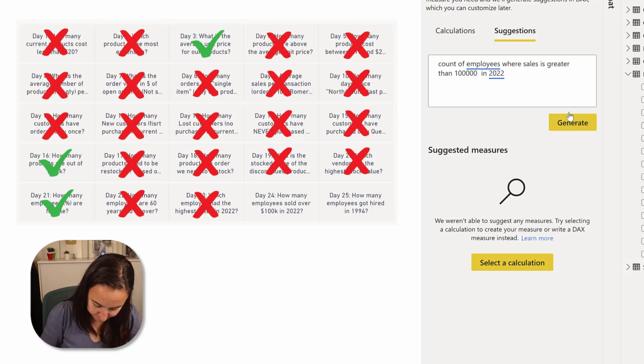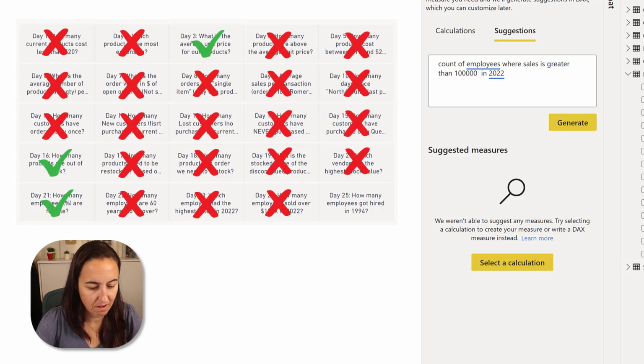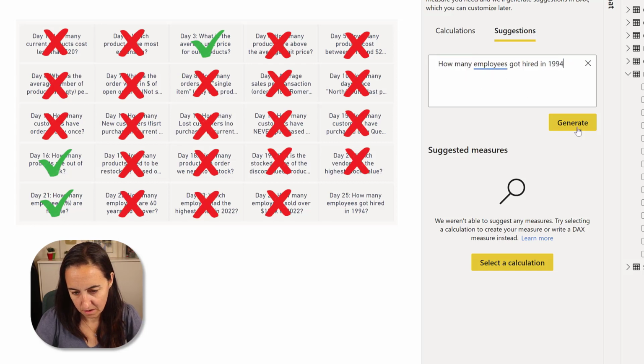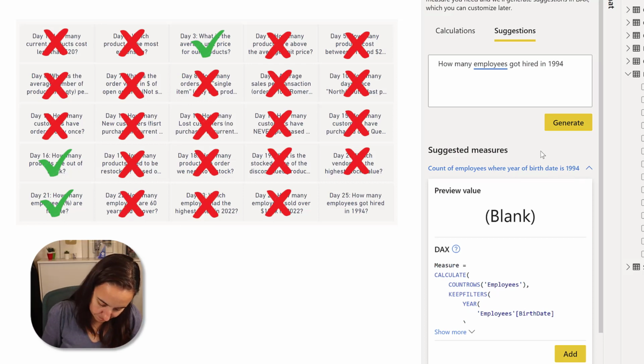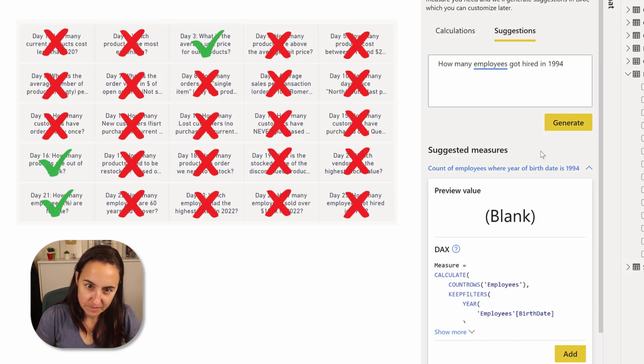Okay, whatever. How many employees got hired in 1994? Count of employees or year of birth date? No, that's not it. So got hired, I guess.